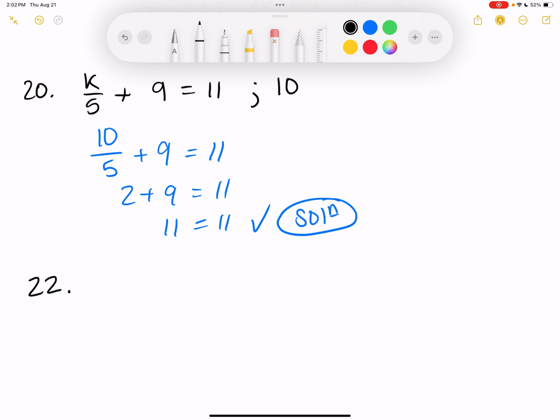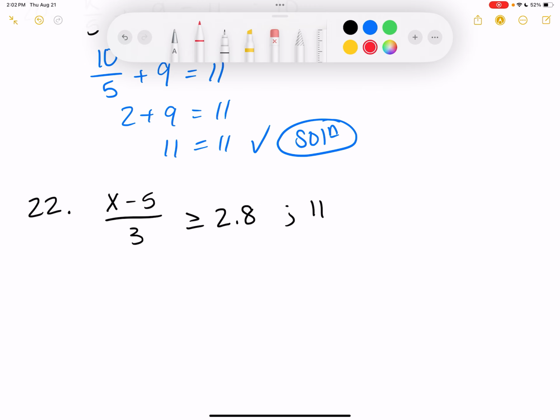So 22 is x minus 5 all over 3 is greater than or equal to 2.8. And we're plugging in the number 11. All right, so I'm going to substitute in 11 for x.